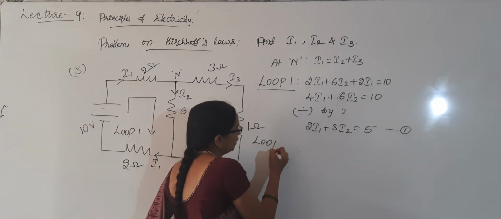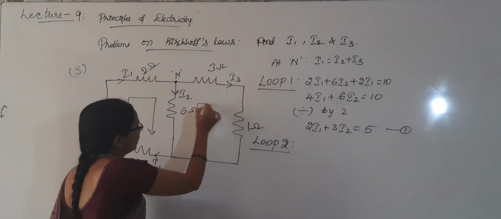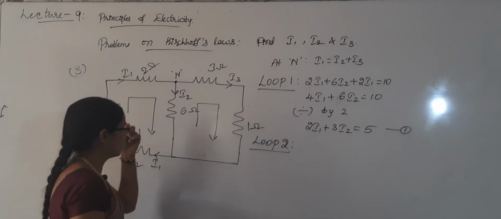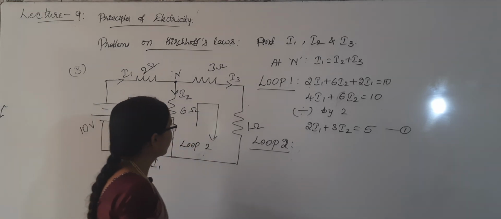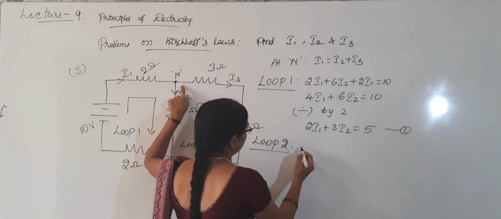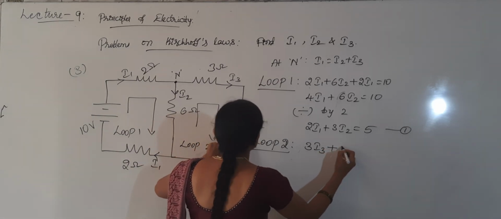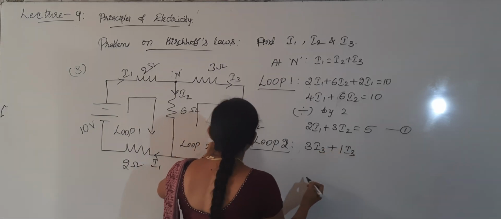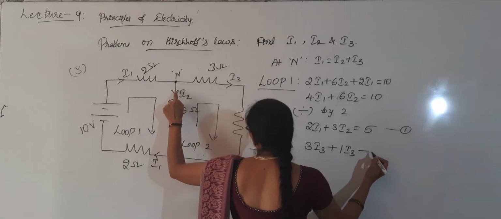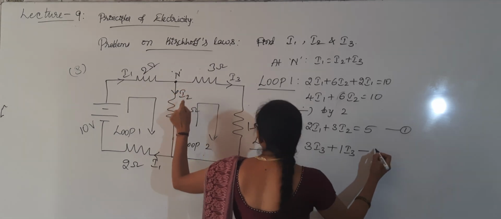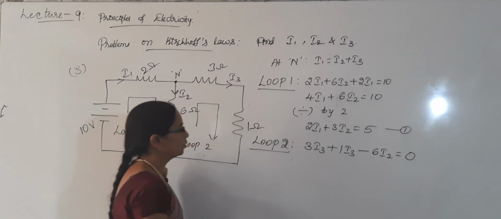Next, apply KVL for loop 2. I will take in the same direction as the first one. Loop 2, start from here. 3I3 plus 1I3 plus, minus, because the direction of current is opposite to my direction, 6I2 is equal to no voltage source in that loop.